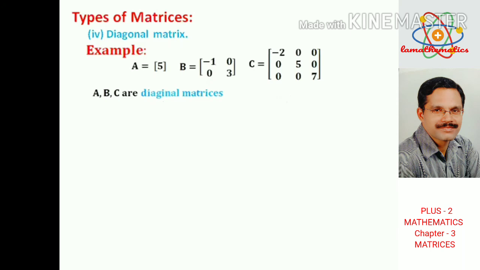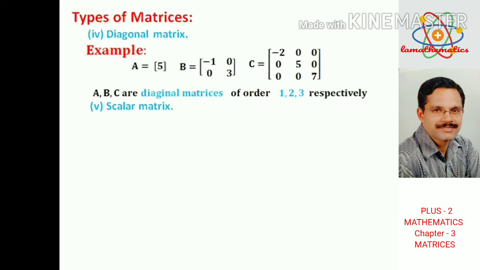A, B, C are diagonal matrices of order 1, 2, 3 respectively. First matrix order 1 ആണ്, ഒരു റോയും ഒരു കോളവും. സെക്കൻഡ് ബി എന്ന മാട്രിക്സിന് 2 റോയും 2 കോളവും. മാട്രിക്സ് സി എന്ന മാട്രിക്സിന് 3 rows and 3 columns.